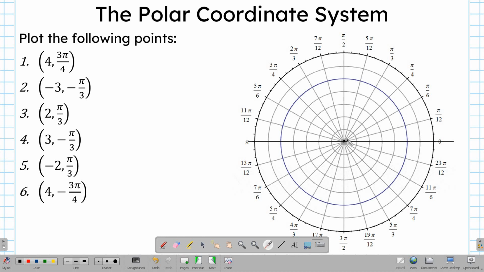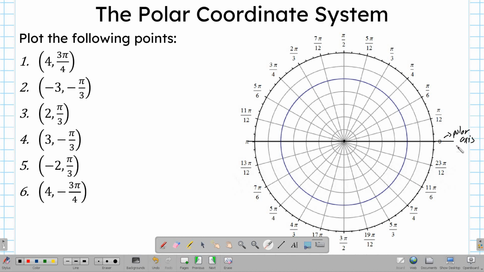And this line, horizontally intersecting the pole, is what we call the polar axis. As you might have noticed, the angles are in intervals of pi over 12, and they are written in radians. In polar coordinates, at least for this lesson, we're going to use radians.